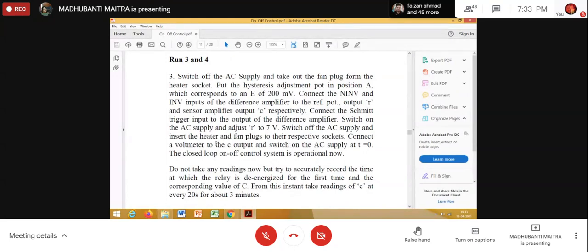So connect a voltmeter to the C output. That means with the help of a second voltmeter, we'll be measuring the voltage value corresponding to the temperature of the plant, and we'll switch on the AC supply, and we'll consider that time instant to be time t equal to 0. Now the closed loop control system is operational.